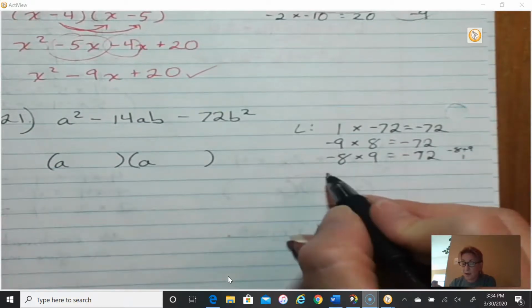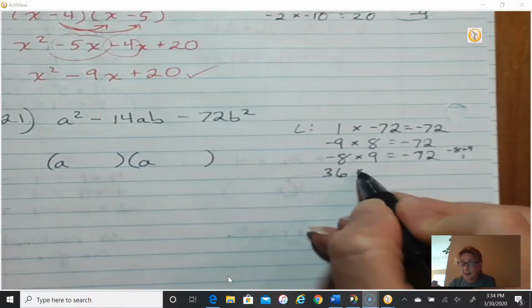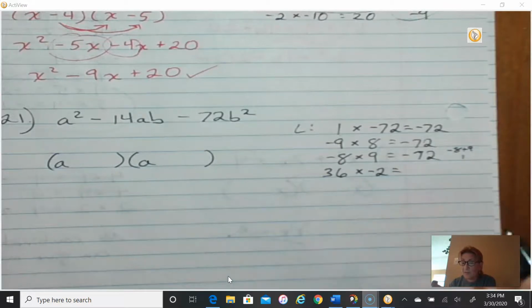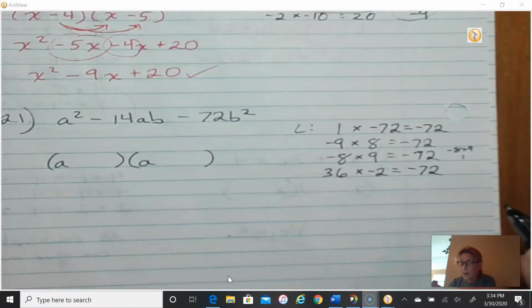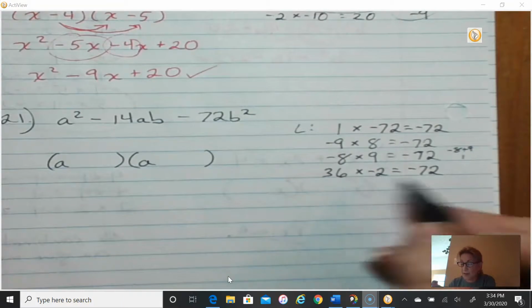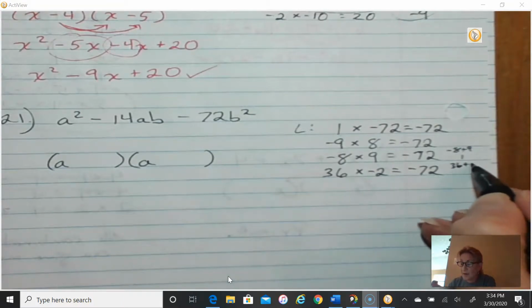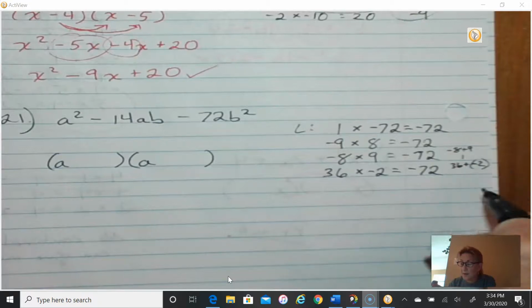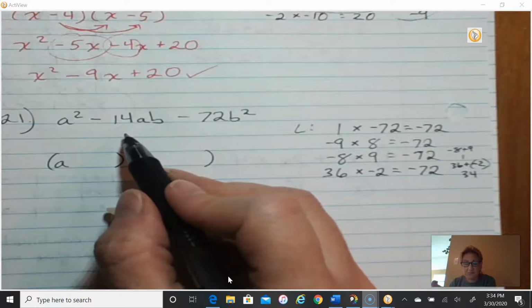So we have to keep figuring it out. 36 times negative 2. See what I'm saying? This is going to be challenging. That gives us negative 72. If we add those, 36 plus negative 2, that gives us 34. Does that give us negative 14?